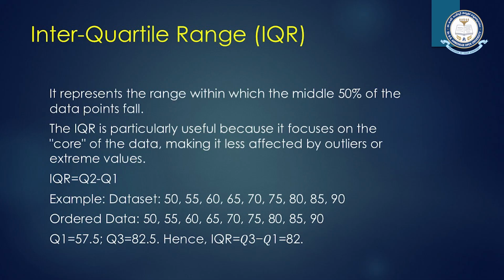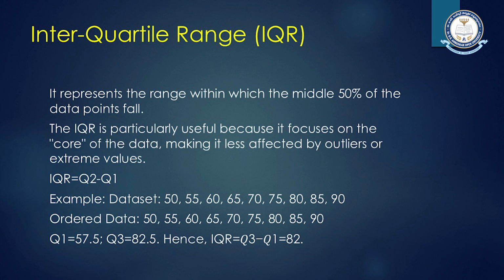Interquartile range is calculated by subtracting Q1 from Q3. So, we have to calculate Q1 and Q3. We discussed how to calculate Q1 when we covered measures of central tendency. First, we arrange the data set in ascending or descending order, then we calculate Q1 and Q3.